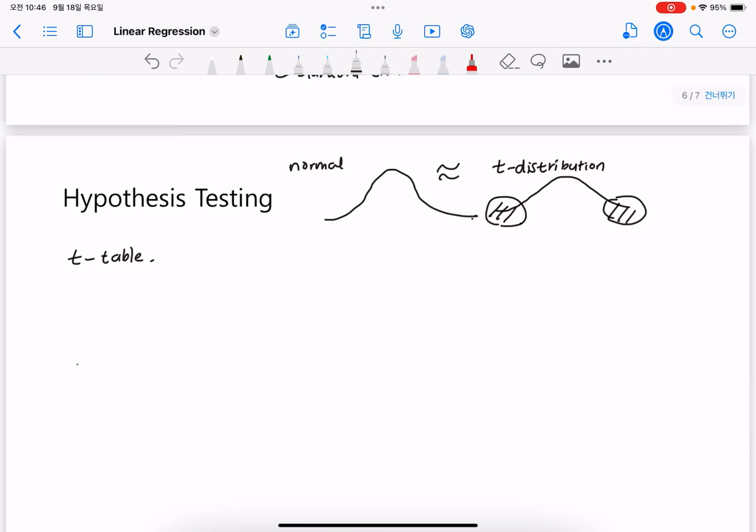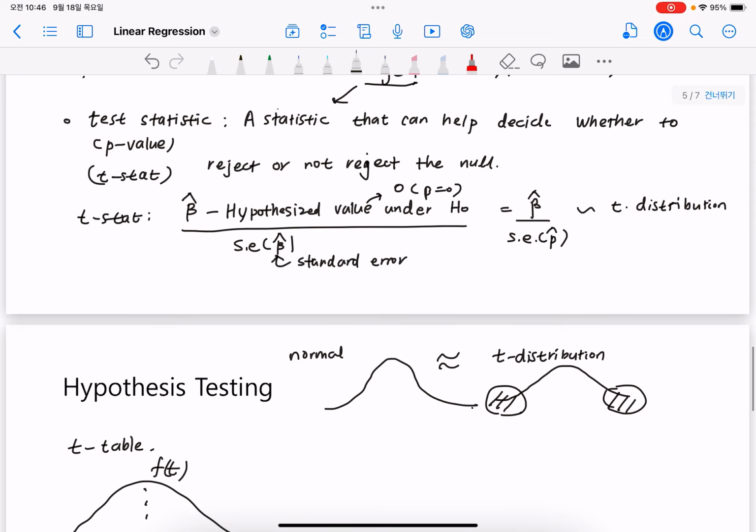So let's say this is the t distribution, 0 here, and we are assuming that under H null beta is equal to 0, right? The reason why we're doing the t-stat is because beta itself cannot be compared across different data sets.